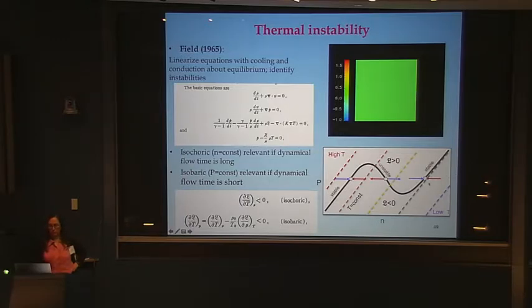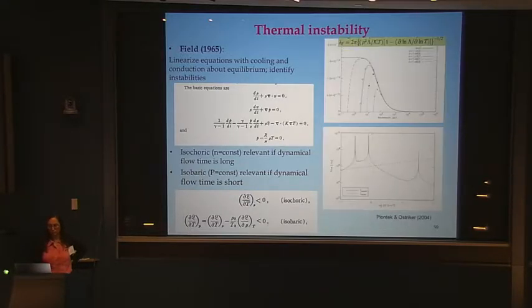And so from this, Field considered that in general the ISM can separate into two phases. This is just showing an example from a numerical simulation of that separation into two phases. Okay, so what's the scale?